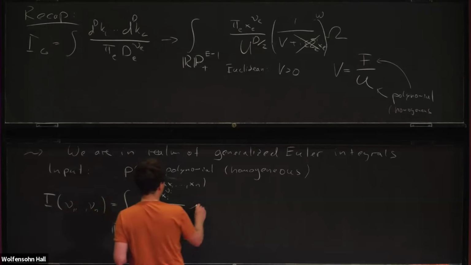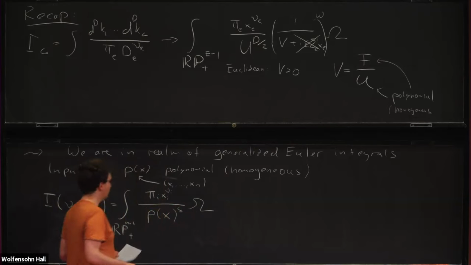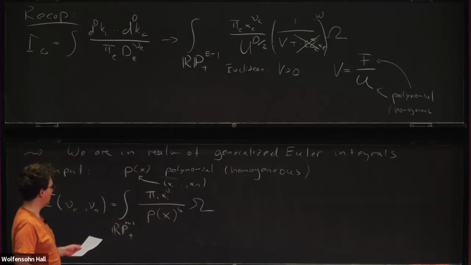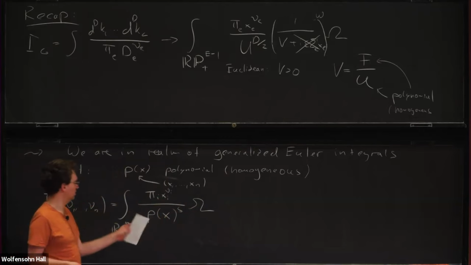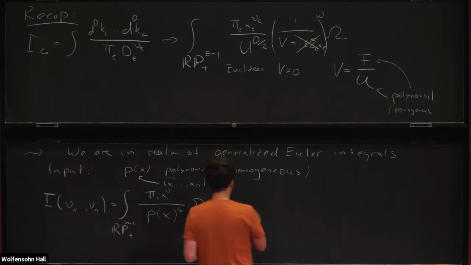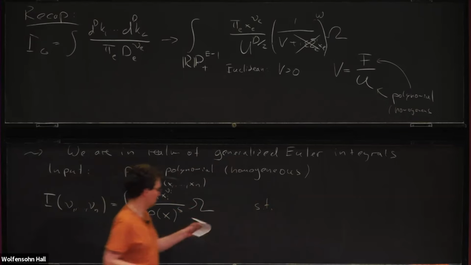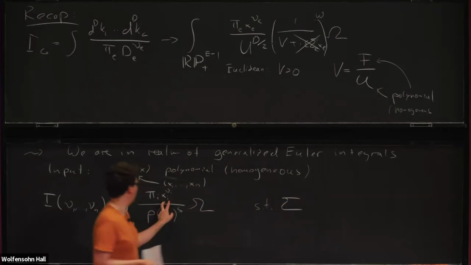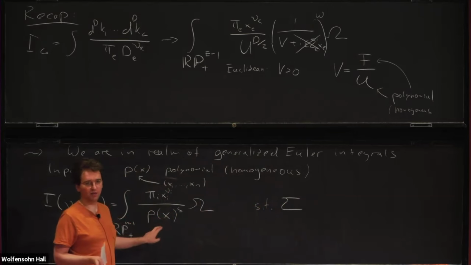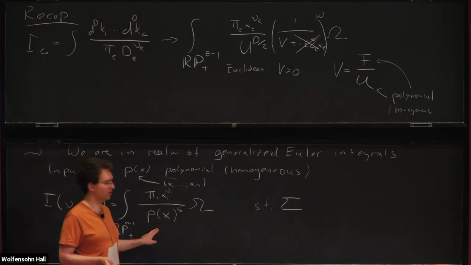And the canonical form is the volume form. Because we want this to be a real good projective integral, we need to require that this power s is compatible, so that the x up here have the same scaling behavior as this homogeneous polynomial down here.